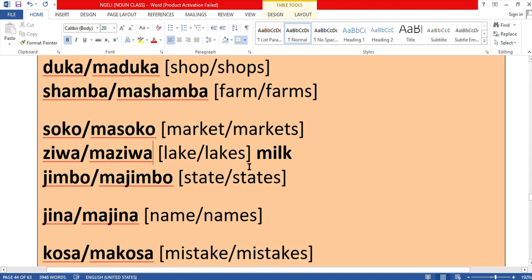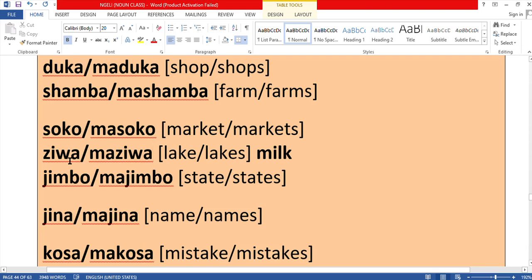Maziwa for the milk doesn't have a plural form, so it just remains here. But the one for the lakes has the singular form.